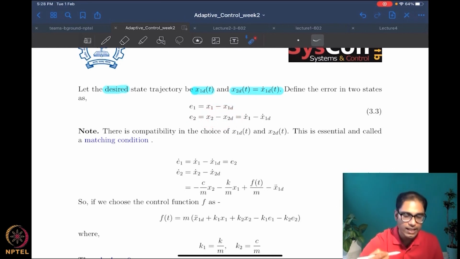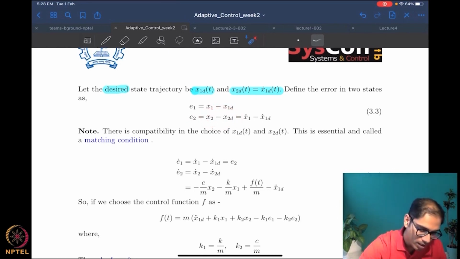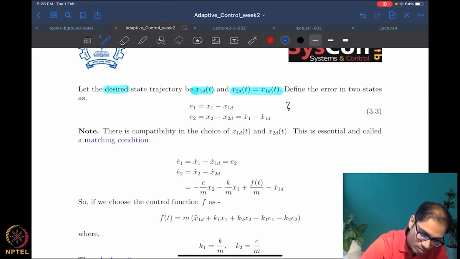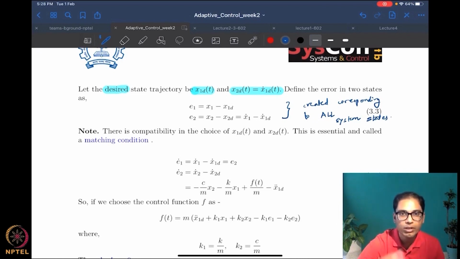So I create these errors corresponding to all system states. Here we have 2 states, so we create 2. If we had 100, we would create 100 such errors.